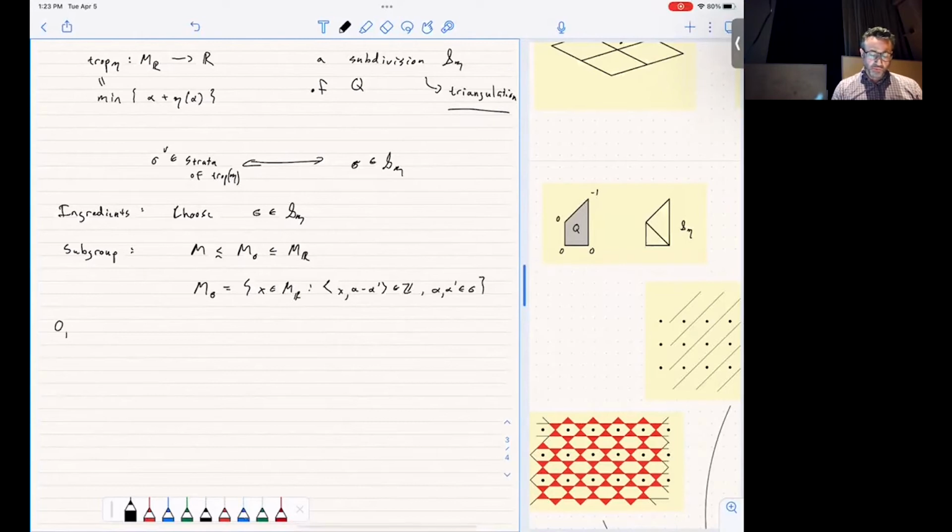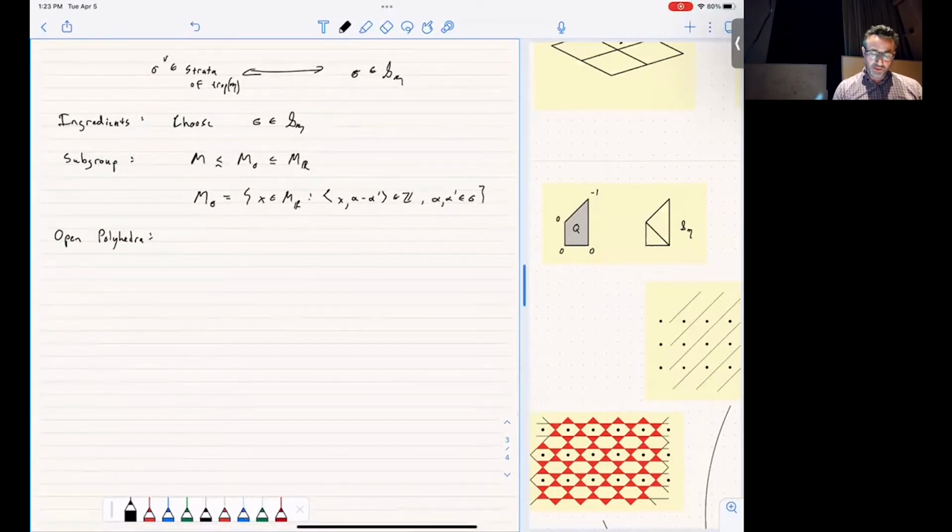I'm going to define some open polyhedra. What are these going to be? These are defined by essentially the same kind of pairing, but now we're just going to assume that the absolute value of these is less than 1/2.